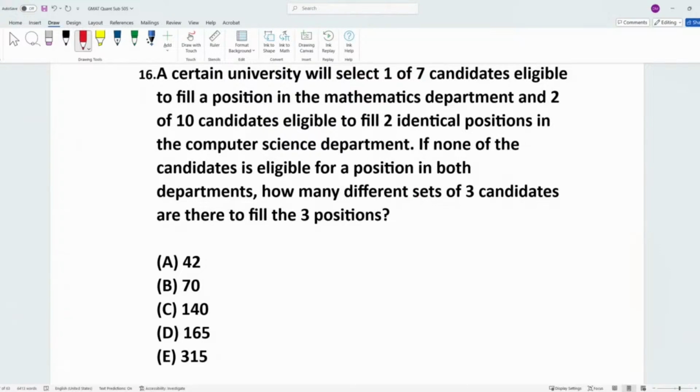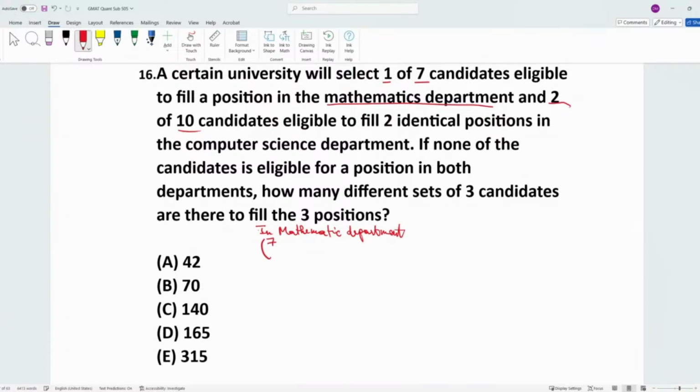So simply what this is asking us in this question is, we have to choose one person out of 7 candidates and 2 people out of 10 candidates. Because we have 3 positions to fill, we will do the multiplication. So in the mathematics department, we have to choose one person out of 7.